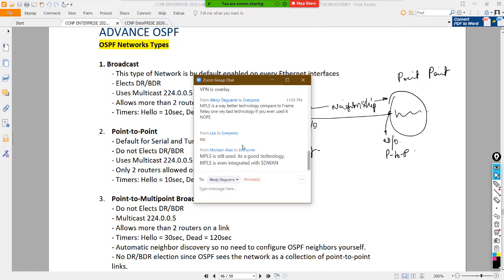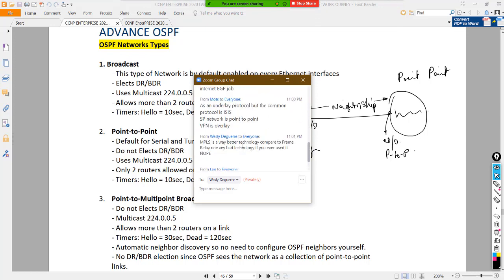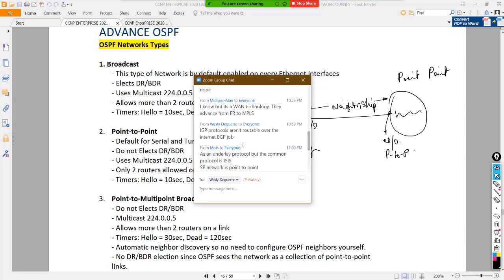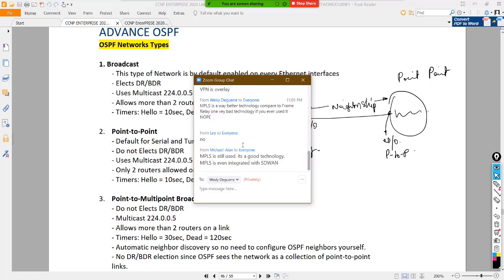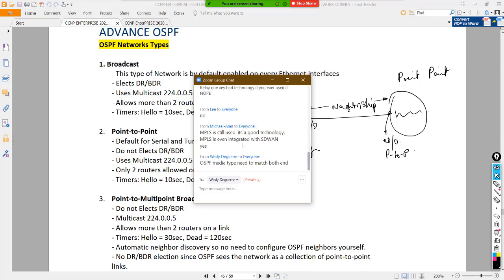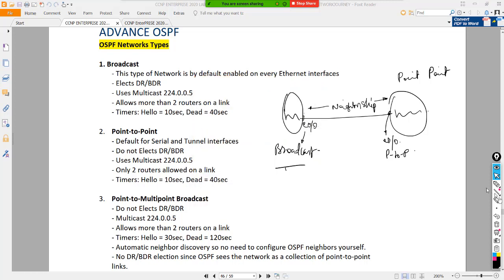No. Why do you think no? Media type, I don't think so. The media type isn't a prerequisite for two neighbors in the case of OSPF. What are the prerequisites?